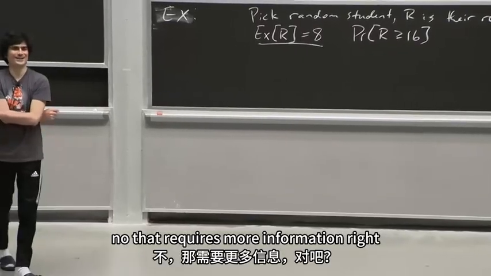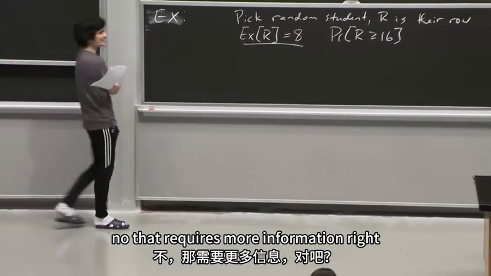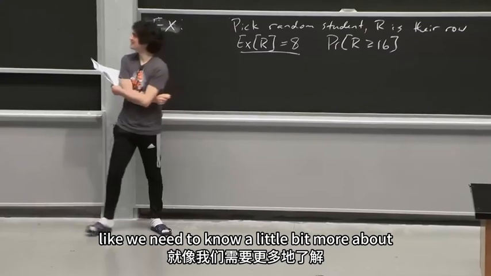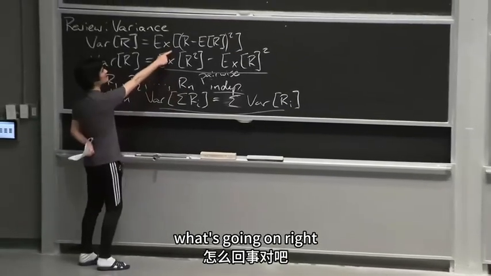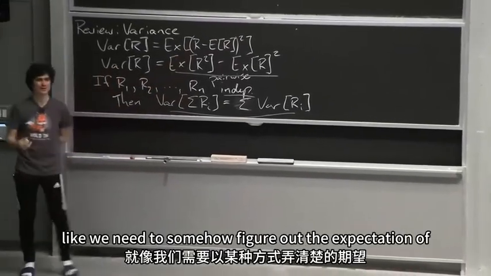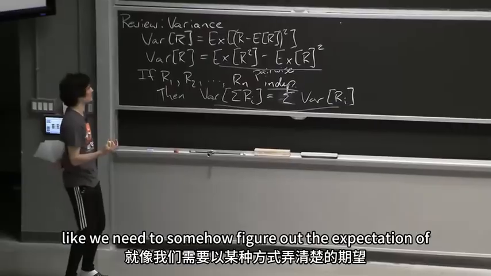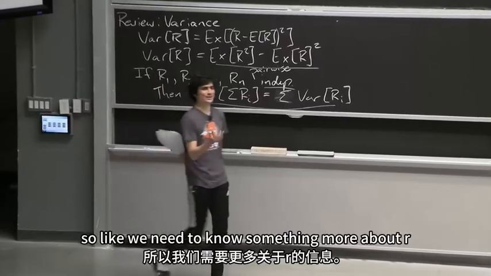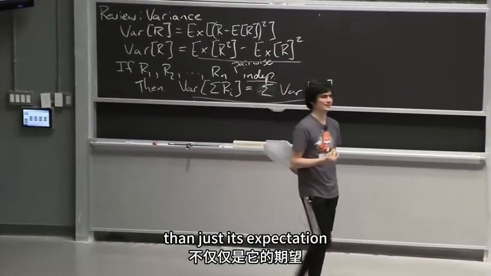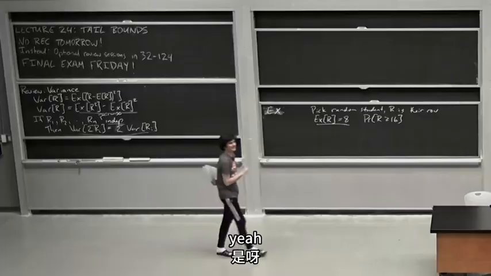No. That requires more information, right? Like we need to know a little bit more about what's going on, right? Like we need to somehow figure out the expectation of (R minus 8) squared. So we need to know something more about R than just its expectation. Yeah.